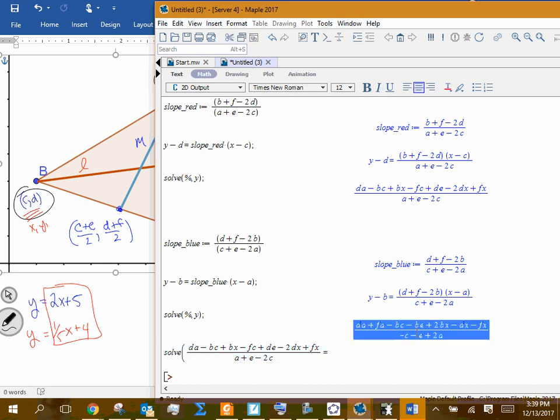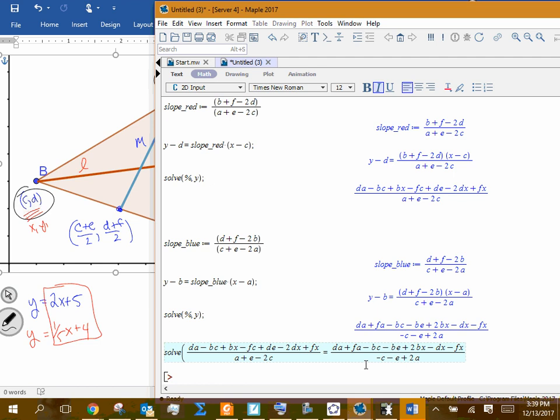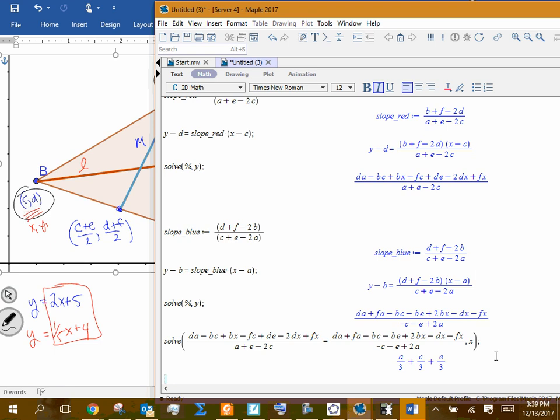We set it equal to the blue line, and I can tell this thing to solve for the variable x. Well, if I do that, hit enter, we see here that it solved for the variable x, and it gave me that a over 3 plus c over 3 plus e over 3.